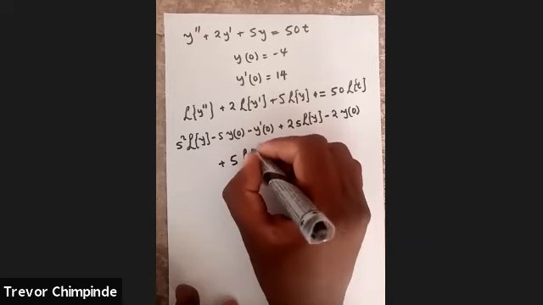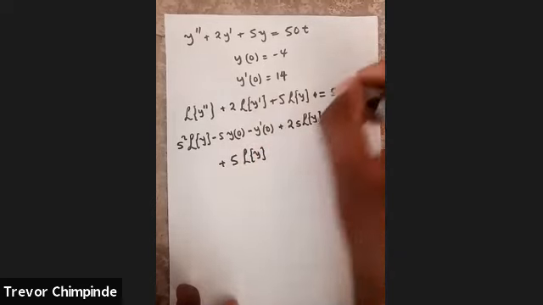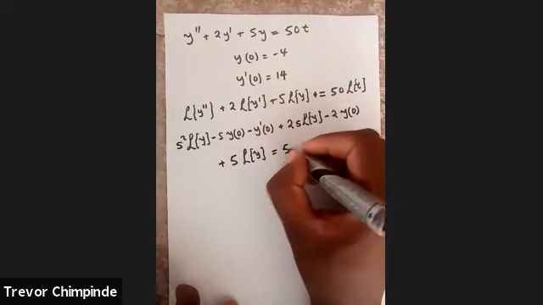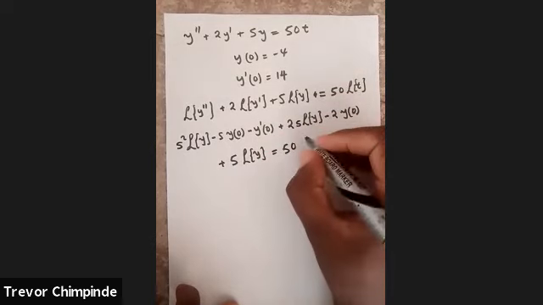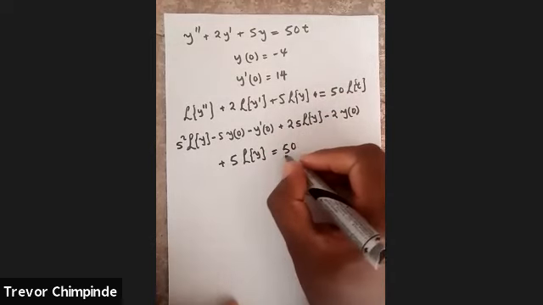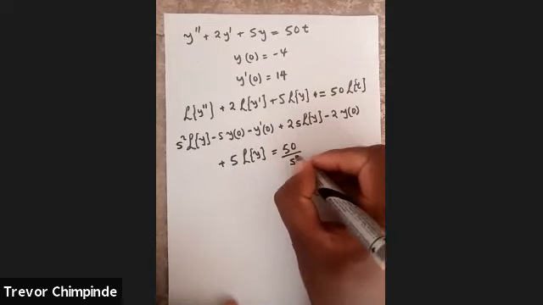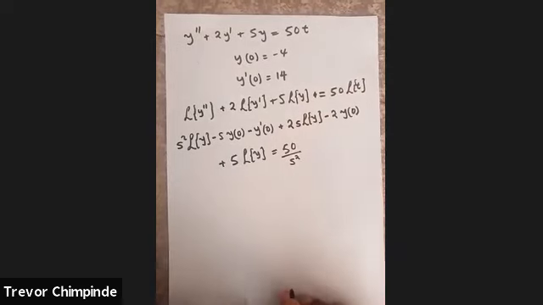The third term we don't need to do anything to, it's just 5 Laplace of y. And then the right side would be 50 times the Laplace of t, which is 1 over s squared, so 50 over s squared.